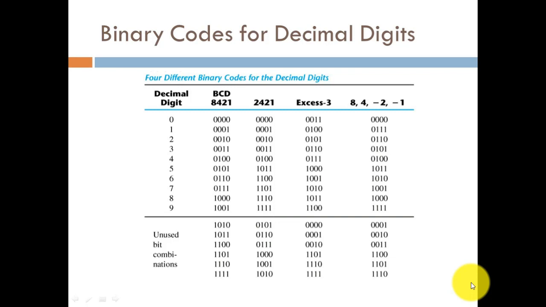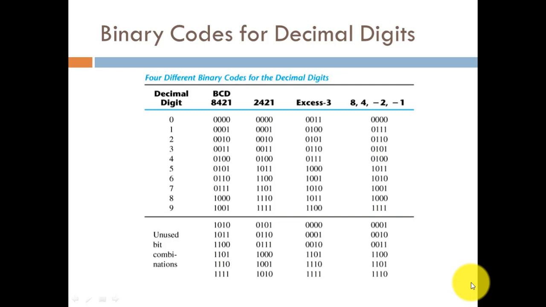So we are left with 0011, and again for 1, we will be having 0100. If you closely observe, this is the binary equivalent of digit 4, which is 3 greater than this decimal digit. So this is how we perform this excess-3 operation.